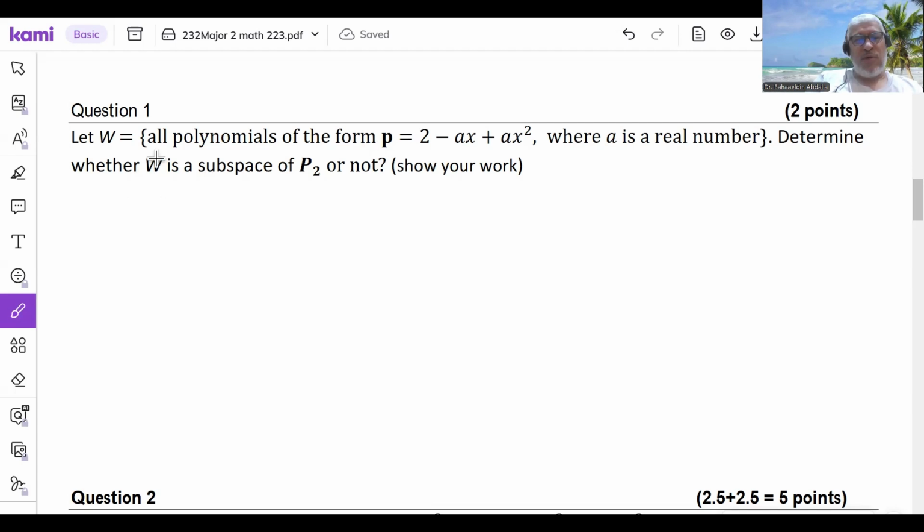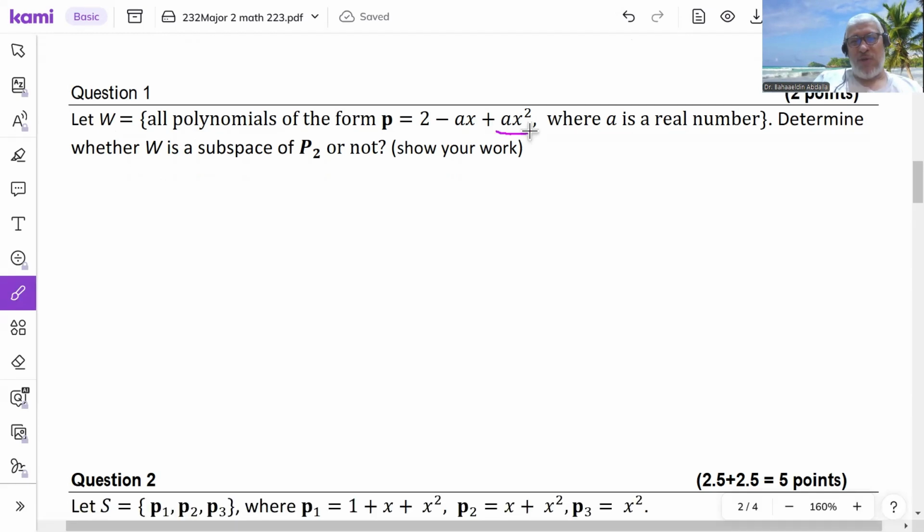Well, we need to understand the definition of W first. It consists of all polynomials of this form. Well, what is this form? This is a polynomial of degree 2. This is the term with x squared, this is the term with x, and this is the constant term. So the constant term is always 2.